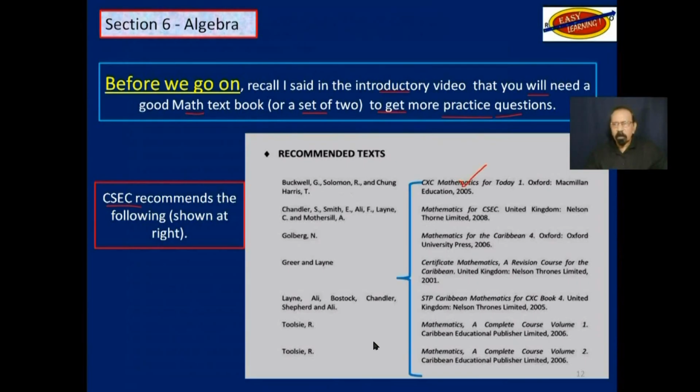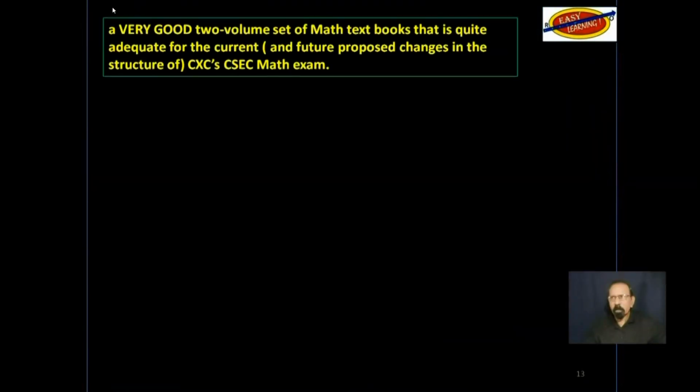From those, please pay close attention to these last two down here, especially since they form a very good 2-volume set of math textbooks that is quite adequate for the current and the future proposed changes in the structure of the CSEC math exam.